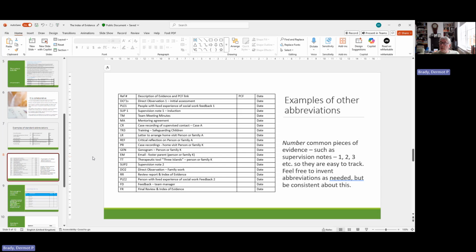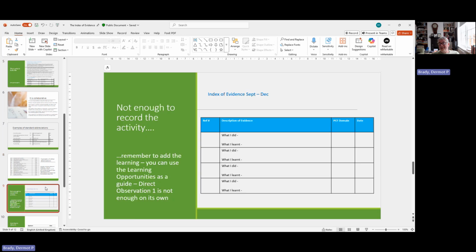Obviously, you're going to number them because other people are going to use that index to make an assessment of your overall progress on the job learning. And it's helpful if we can identify exactly what piece of evidence you're talking about in your written work, in your assessments, in your reviews, and so on and so forth. So just get into the habit of numbering them, if you wouldn't mind.